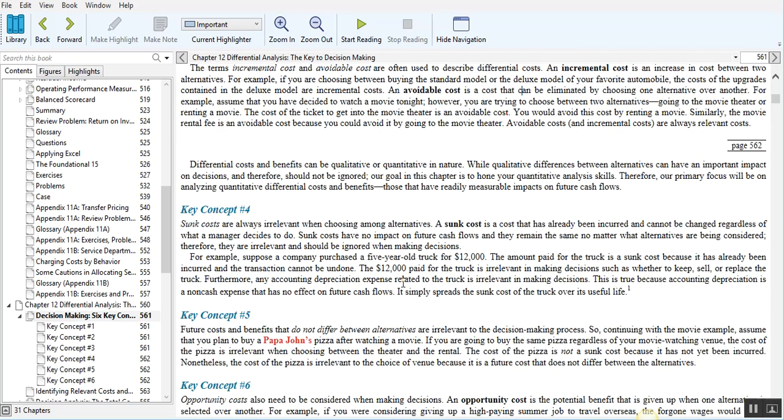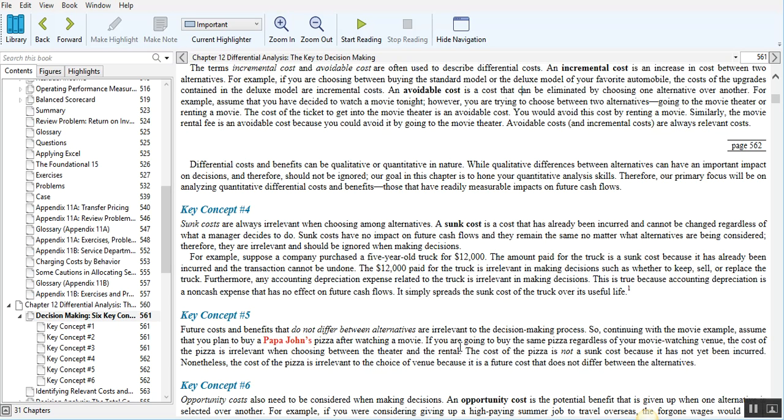And then one thing to keep in mind are these things called sunk costs. Sunk costs are always irrelevant because these costs are going to be there no matter what you do. You basically have a sunk cost if you've paid for some equipment that you're going to use in the process, whether you use it for this one way of doing it or another. That's a sunk cost. It's not going to make any difference.